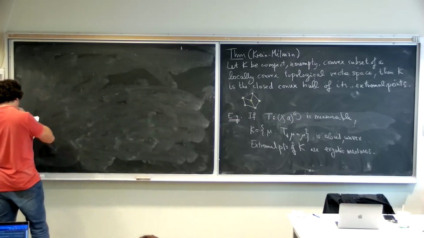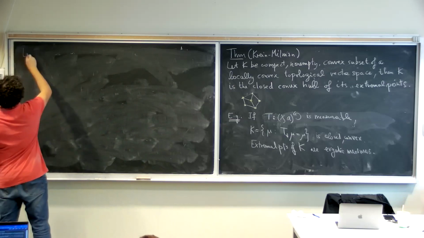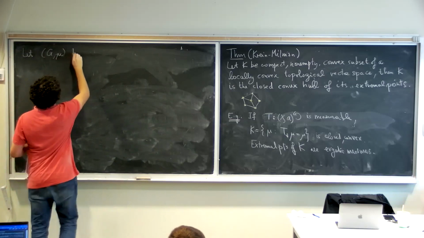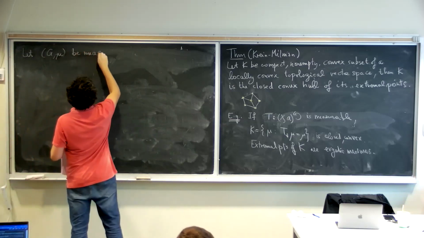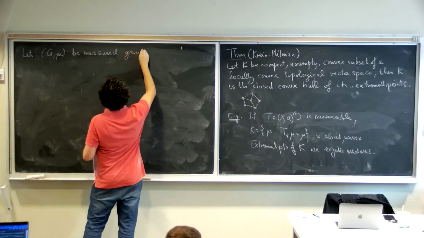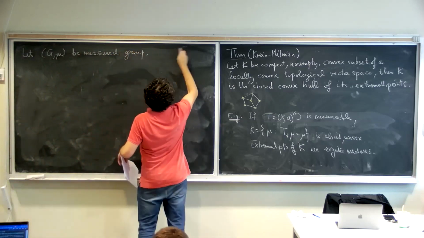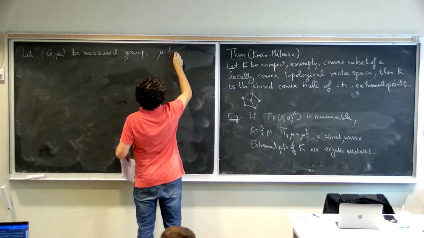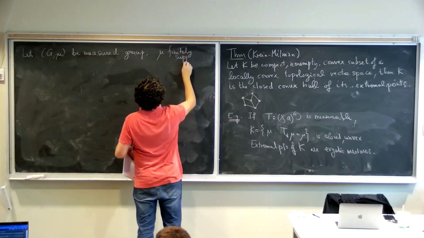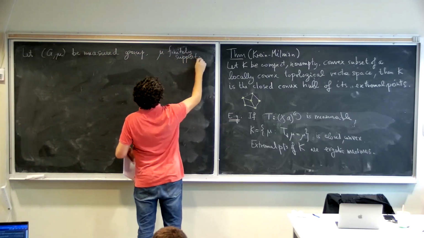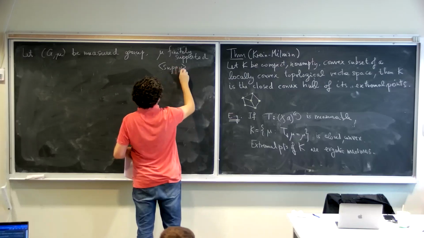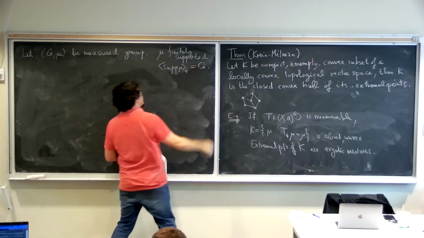So in general, here what we do is, if we start with G a group with a measure mu, and let's take mu finitely supported, and the subgroup generated by the support of mu is G.